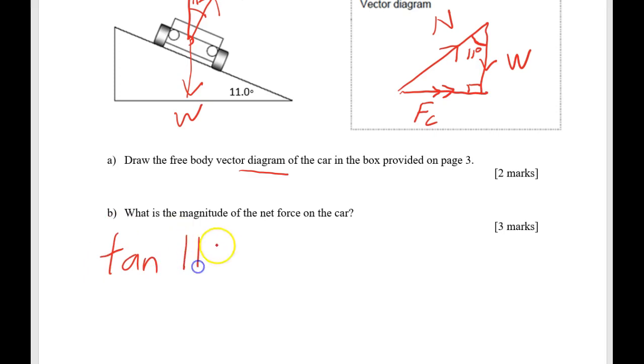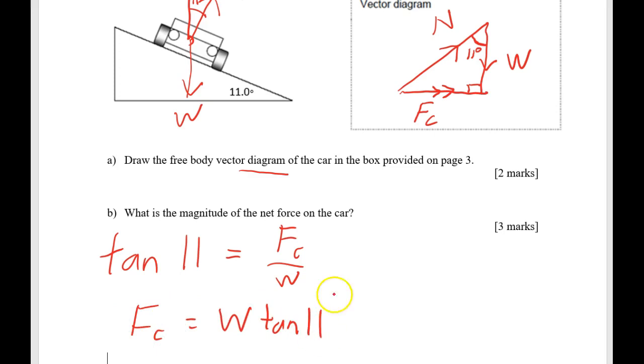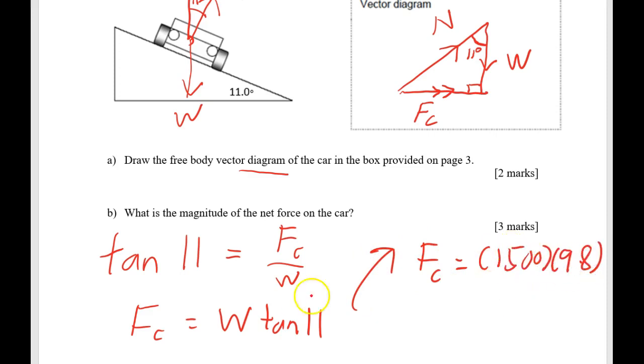Tangent of 11, opposite over adjacent, is FC over W. And FC equals W tangent of 11, which will give me, the mass is 1,500, so 1,500 times 9.8. And don't forget that you have tangent 11, use your calculator, and you shall get 2.86 times 10 to the power of 3 Newton. Alright, so this is the answer.